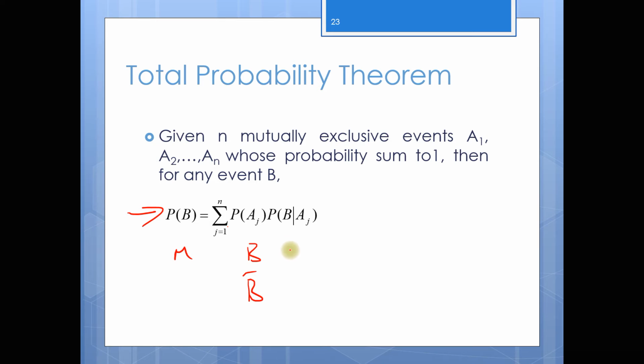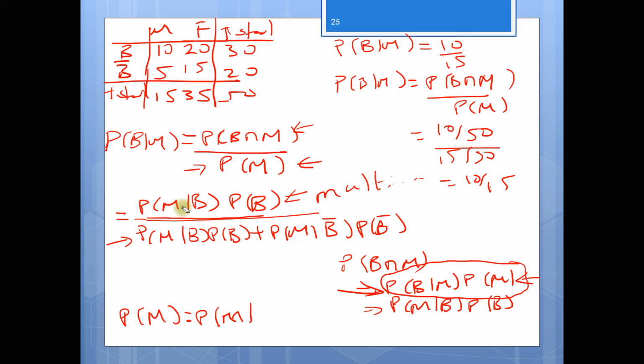This is what is happening, and M given B or M given B dash. So this is just for your information. So here we go, we have come up with another rule where we have applied the total probability theorem. This is what we did in this particular case.